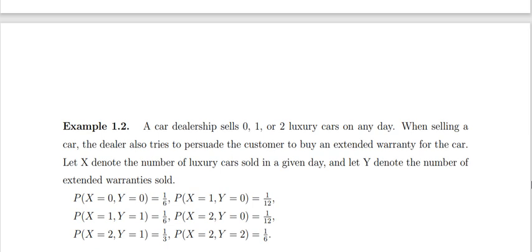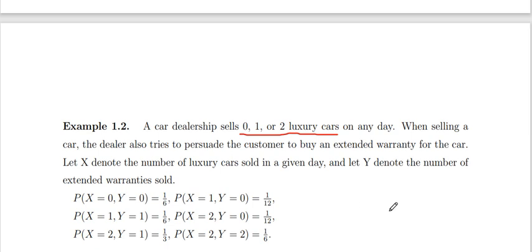Okay, so for two discrete variables with a joint distribution, such problems are easy. So let's consider this problem. A car dealer can sell 0, 1, or 2 luxury cars. The dealer also tries to persuade the customer to buy an external warranty for the car.